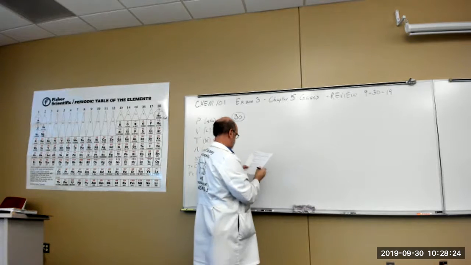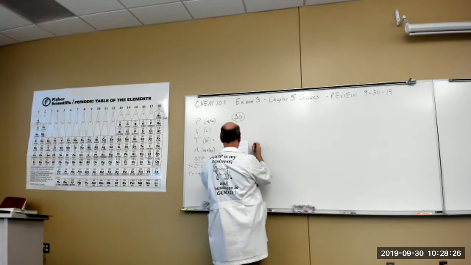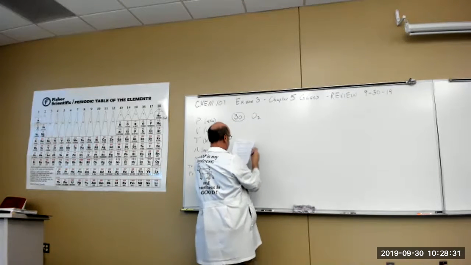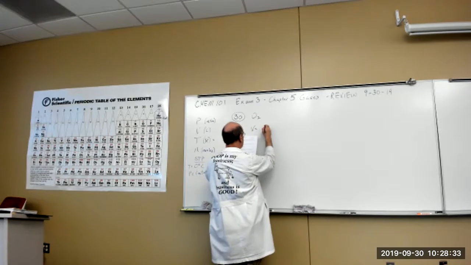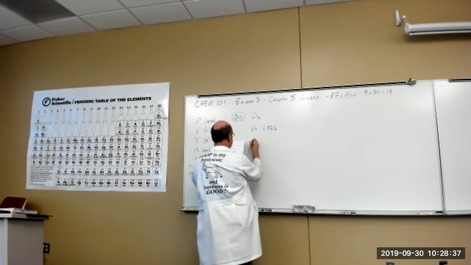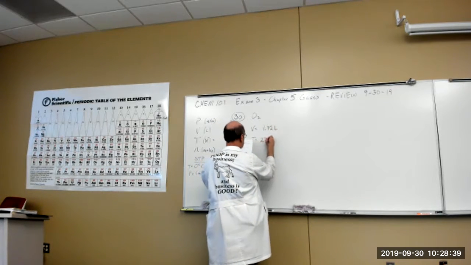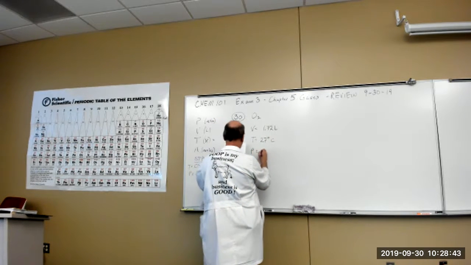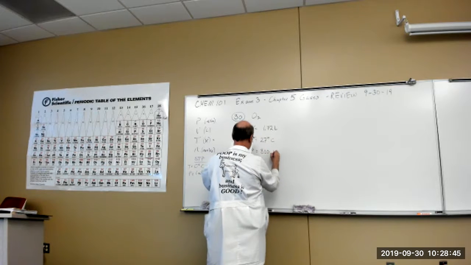So what are we given? We're given a volume of oxygen gas, right? And the volume is 1.72 liters at a temperature of 27 degrees centigrade and a pressure of 800 torr.